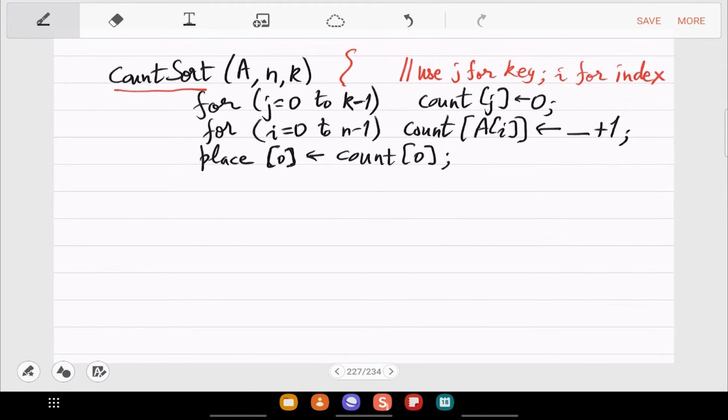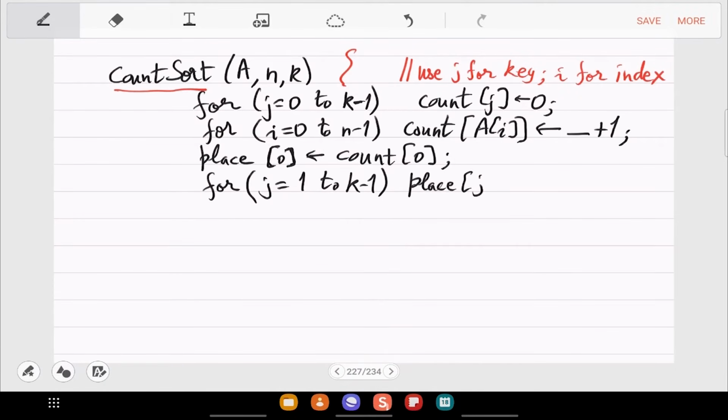And then the rest of place: for j equal to 1 to k minus 1, these are the values.